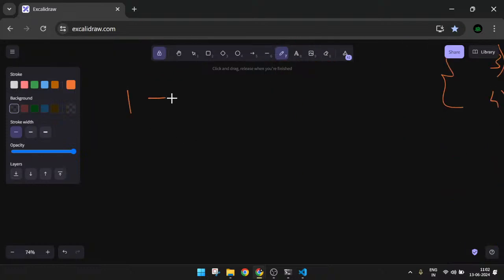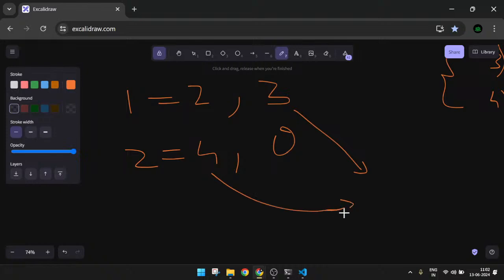For example, group one has two males and three females, and group two has four males and zero females. Okay, so I don't want this female to sit in front of this male. I don't want this condition to happen. So I have to think.